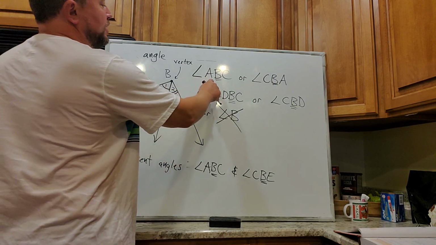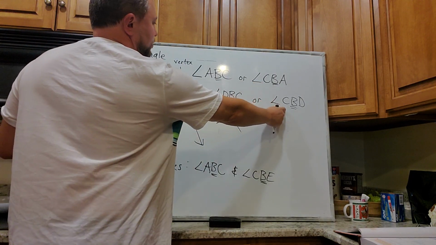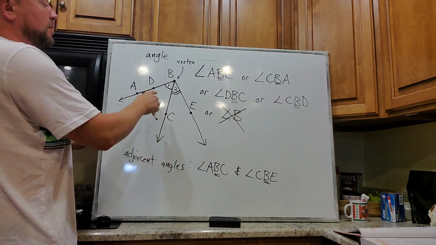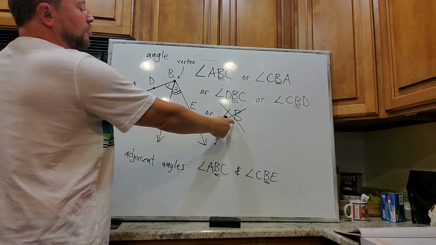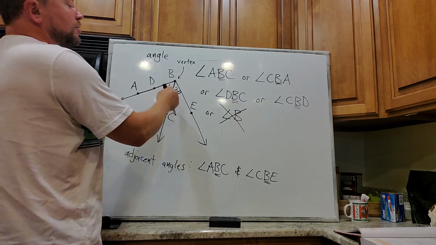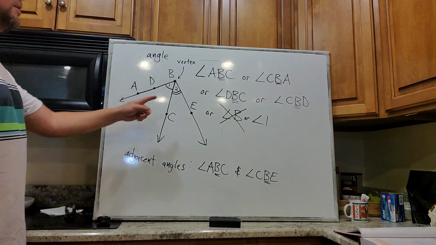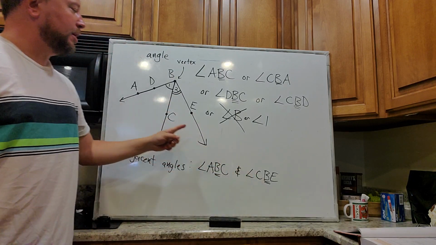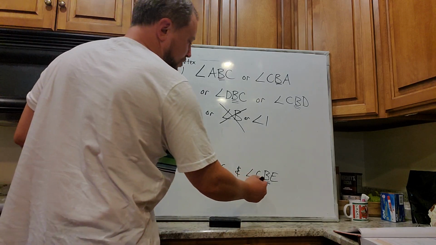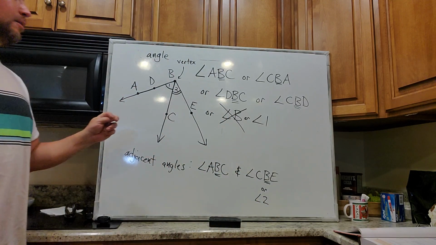So like when we set up here, angle ABC could be called CBA, could be called DBC or CBD. Well, that same angle that we had 4 ways of naming, and actually that was a 5th way initially, but we can't use that anymore. Now that I've numbered them, you could just call it angle 1. And then of course angle 2 would be the same as this CBE. CBE is also angle 2. So those are ways of doing shortcuts there as well.